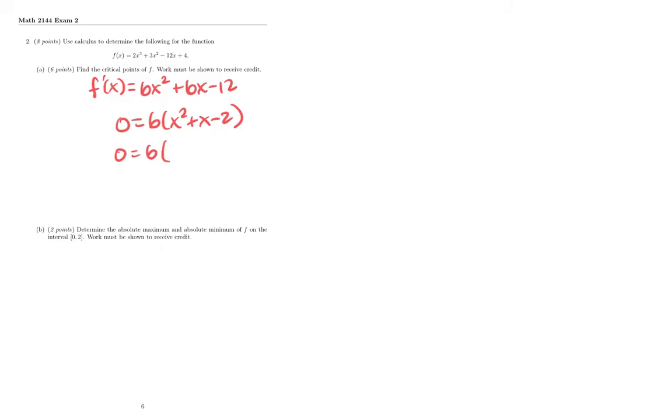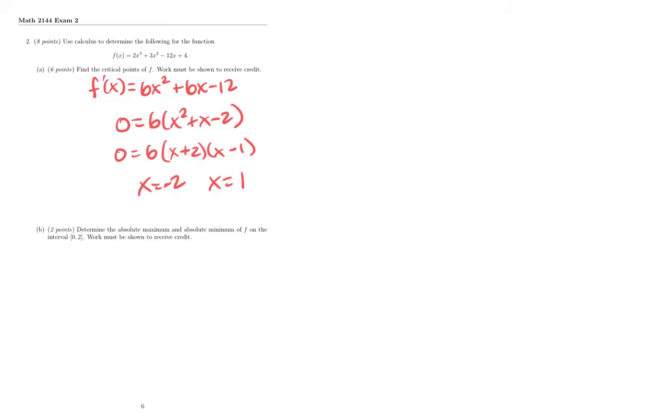So let's see. I want a -2 and a +1, so I want my 2 to be positive and my 1 to be negative, and then that's going to work out. Okay, so then that gives me x equal -2 and x equal 1 as my two critical points.